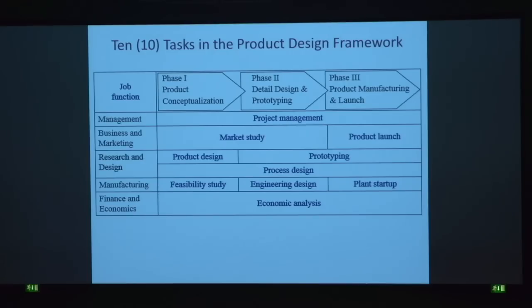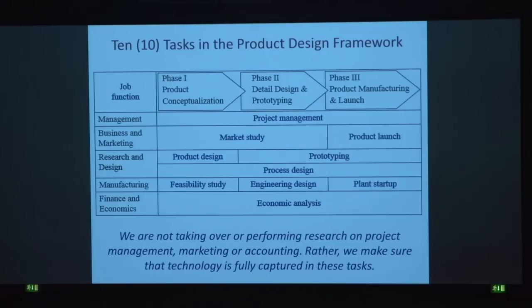These 10 tasks cover job functions ranging from management to economics and finance. Now, some people may say, are you going to be an accountant? No. What we try to say is that we would like to make sure that technology is fully captured in product design, along with people in other disciplines.